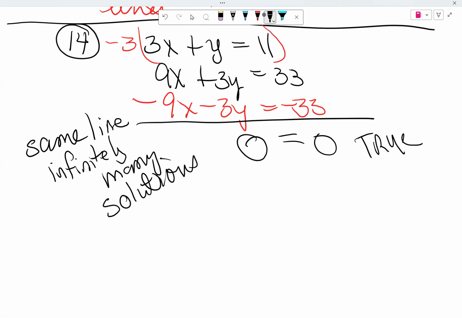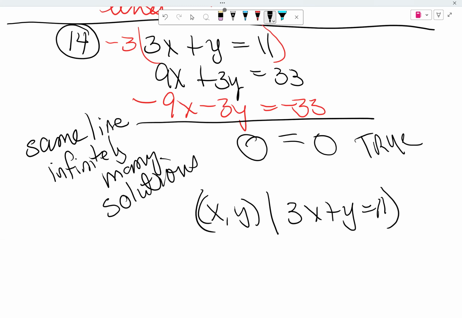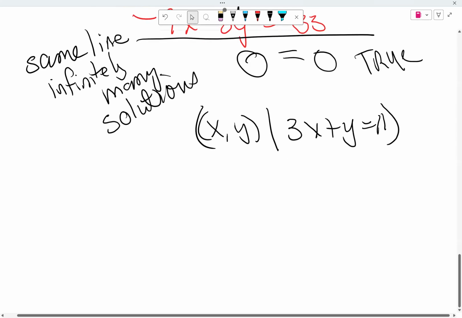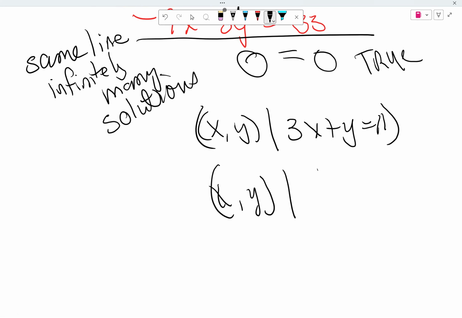And that means that you end up with some number x, y in the set of numbers of 3x plus y equals the solution, or pay attention to this part, you could also have the x comma y, where numbers in this solution also can be 9x plus 3y equal to 33.